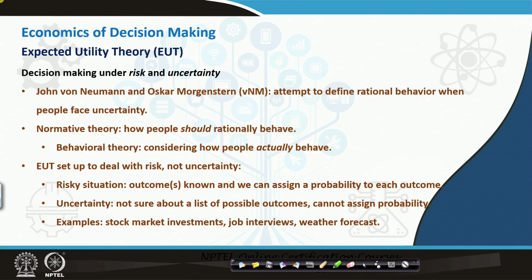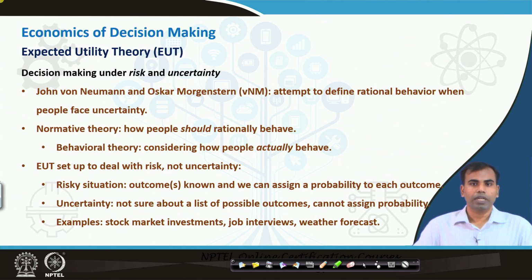It suggests that people or economic agents should behave in a certain way. Basically, utility theory indicates that people should have rational constant preferences.